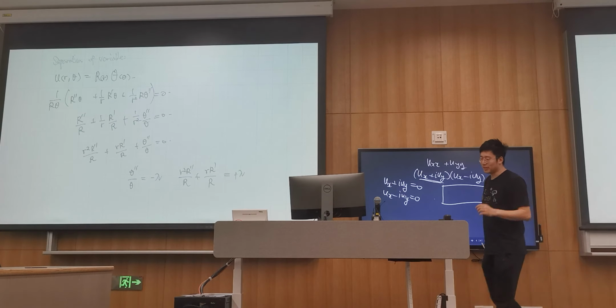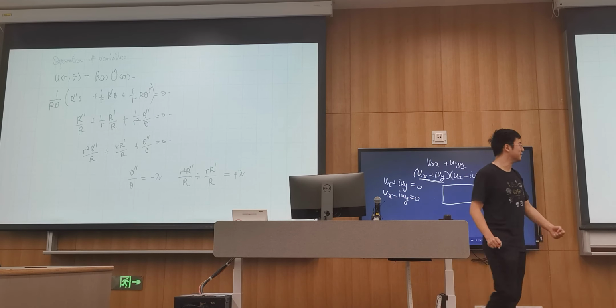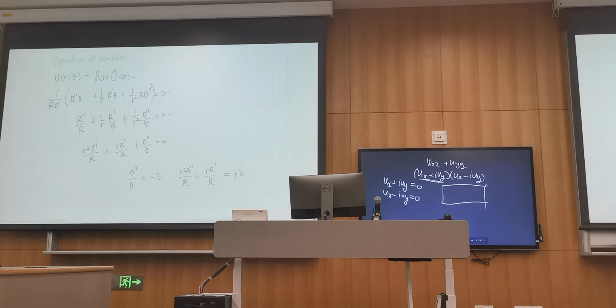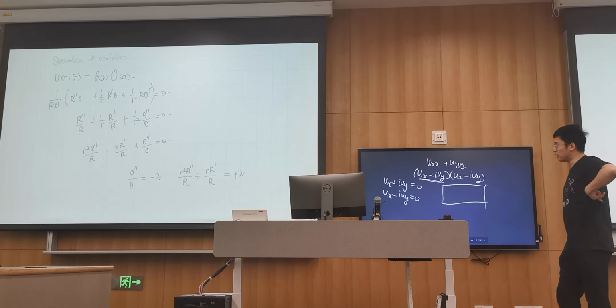Okay, again, question. We have a negative number over here, we have a positive number over here. Which one can be positive? Which one can be negative? Or should they both be zero?